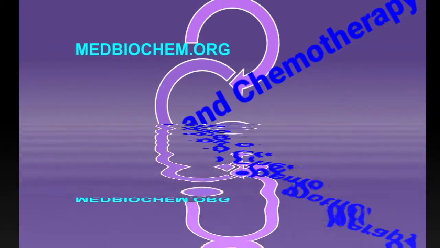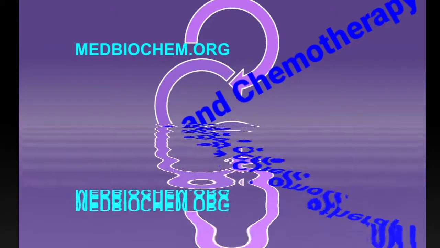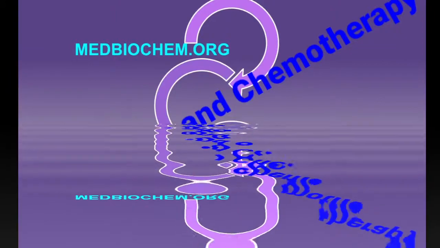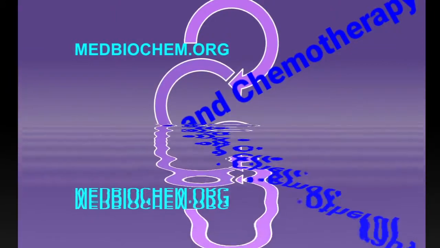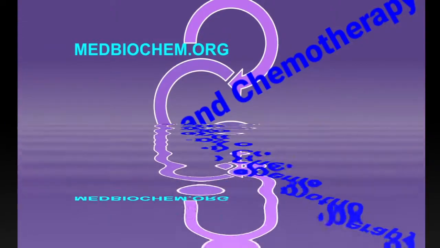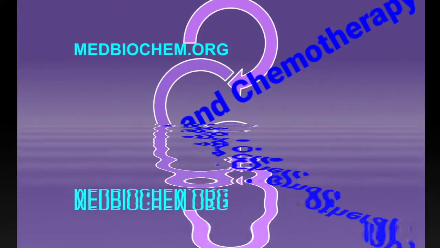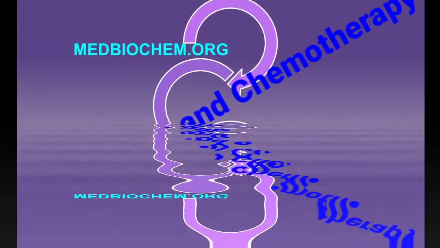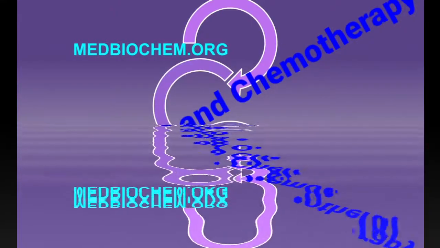Tetrahydrofolate, in turn, is needed for the synthesis of adenine, guanine, and thymidine nucleotides. If tetrahydrofolate is not available, then adenine, guanine, and thymidine nucleotide synthesis will be impaired and their production in the cell will be significantly reduced.